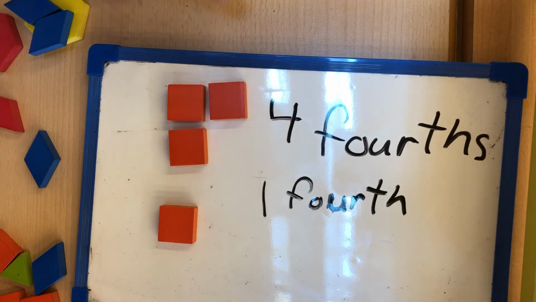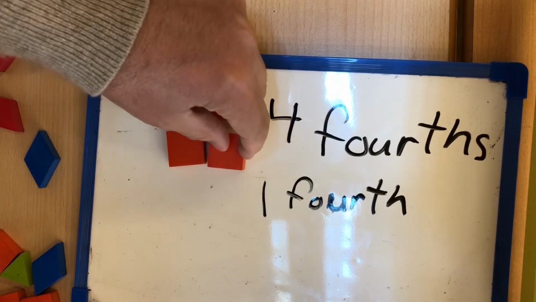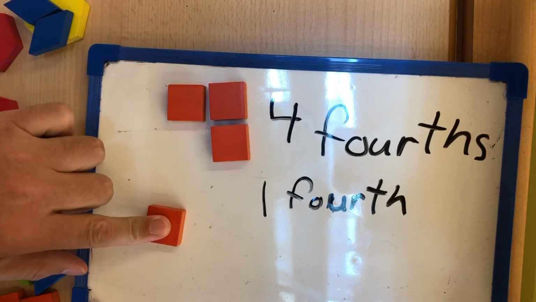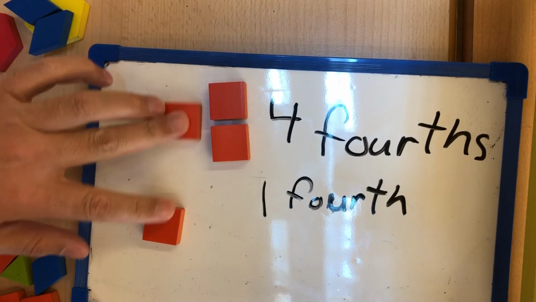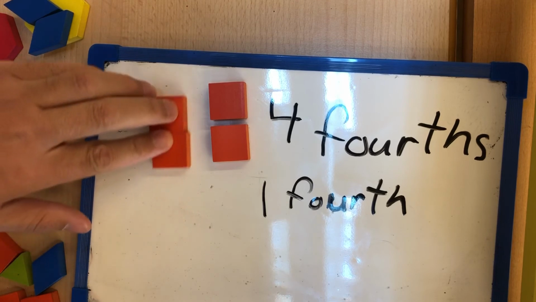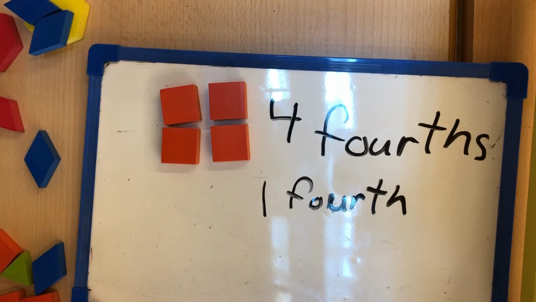Now, one thing that was pointed out is another way that we can call fourths in English is we can call these quarters. It means the same thing. 1/4 can also be called 1 quarter. 2/4 could also be called 2 quarters. Because quarters, when we divide something into fourths, 25 out of 100 is 1/4.